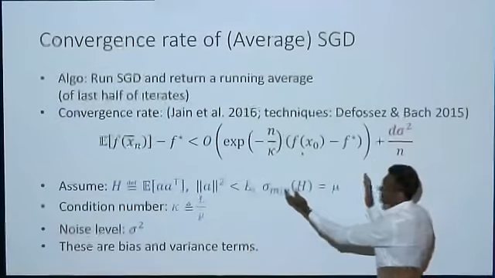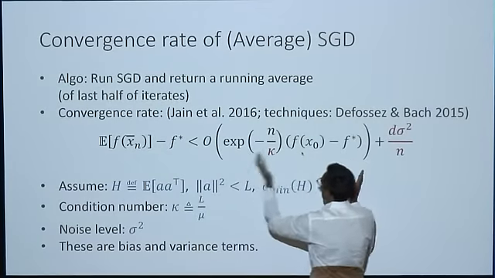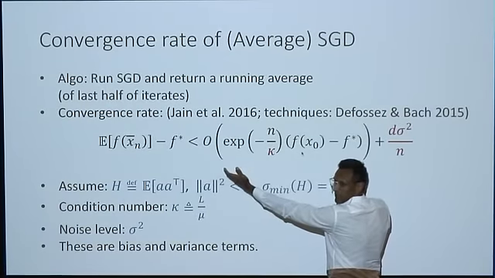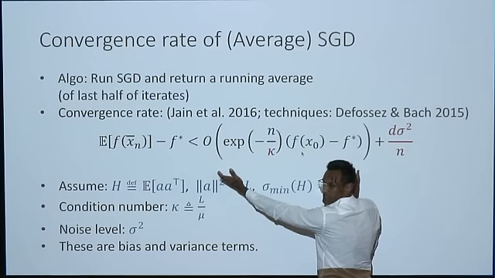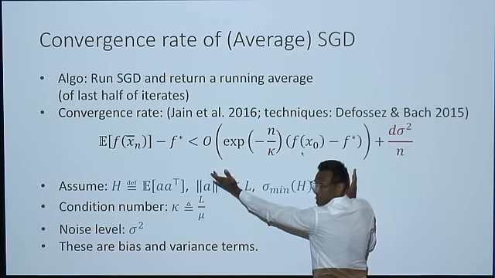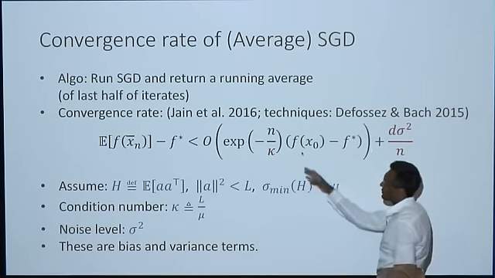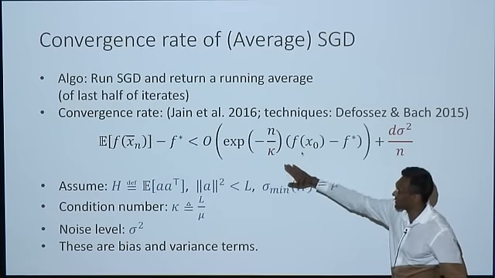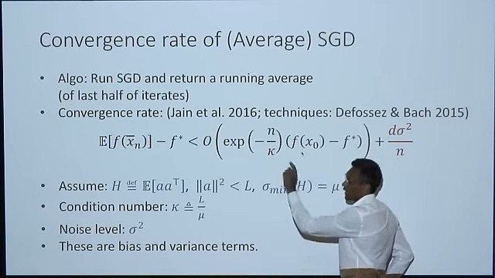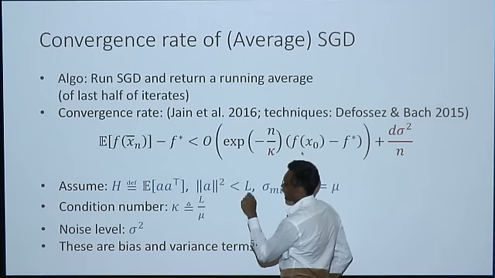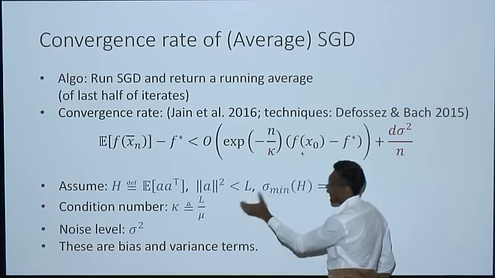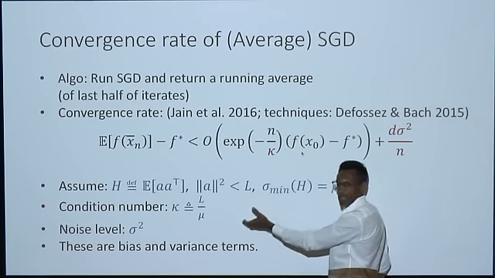Then we get this first term, which looks like we didn't have any noise. It's like the vanilla gradient descent bound. This constant kappa has a slightly different definition. Think of kappa here as the analog of the condition number, but for the stochastic case.